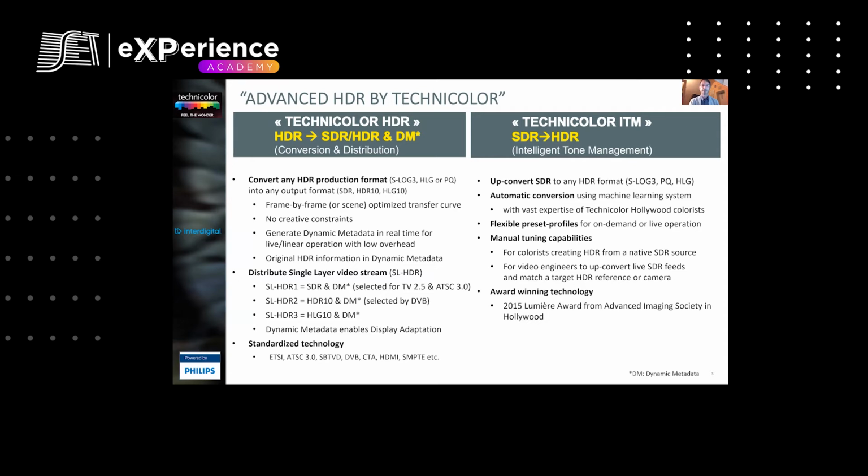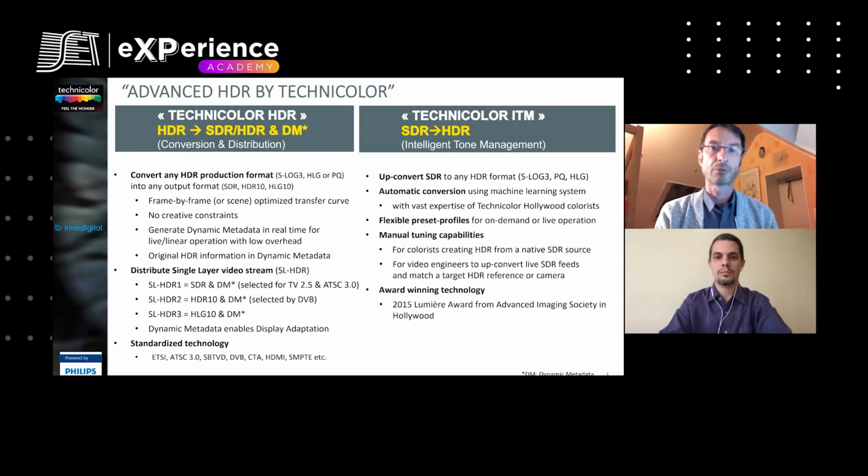Besides that, we also have an ITM solution that converts SDR to HDR. There's a lot of SDR content out there, and if you want to run a permanent HDR channel, you need to have everything in HDR. So the SDR content needs to be converted. This solution allows automatic conversion using machine learning and based on the vast expertise of Technicolor Hollywood colorists.